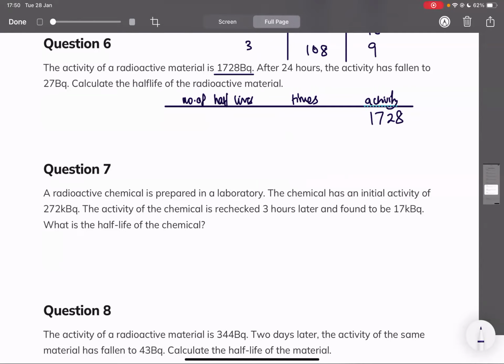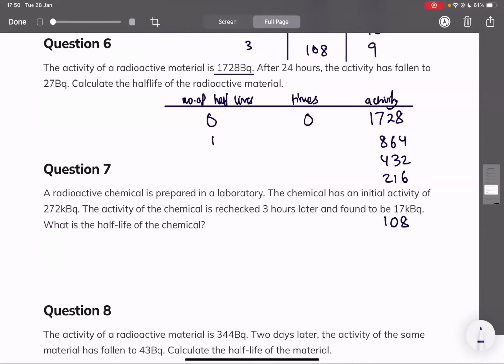What would go under the 1,728? That's 0 half-lives, the start. What would happen after one half-life? It halves. Have you got your calculator? That'll be 864. And we'll halve again, so it'll be 432. We halve it again, 216. Again, 108. Again, 54.